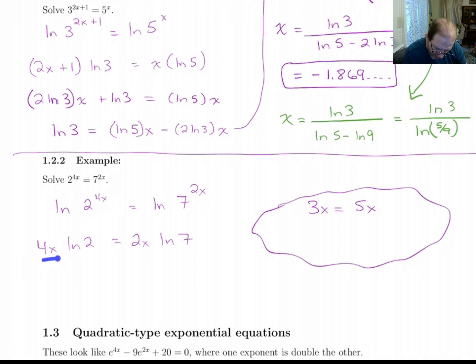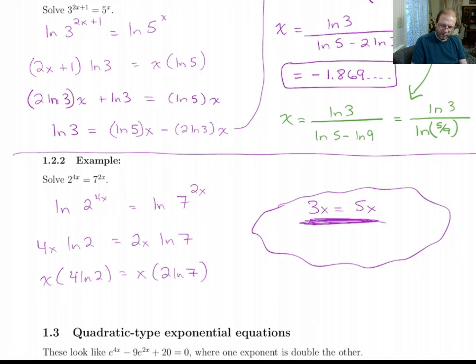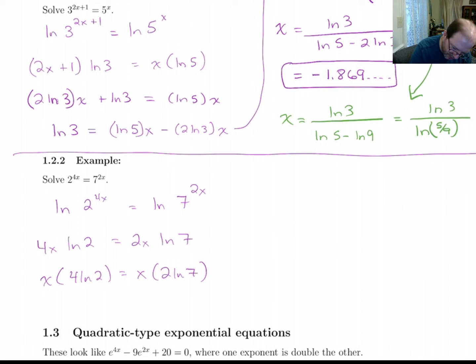Well, 4x ln 2 and 2x ln 7. You could rewrite this as x times 4 ln 2 equals x times 2 ln 7. And that would give you same situation that you have over here. But let's keep going, just in case you still didn't see that it's 0.